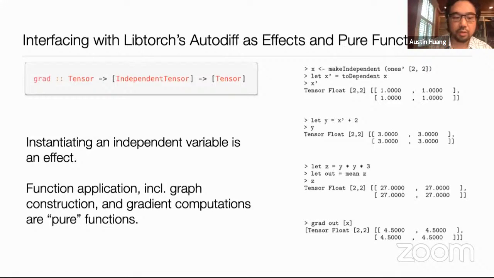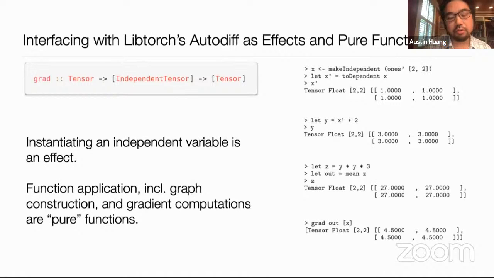So you can think of it this way: requesting a gradient by itself doesn't have any effects, right? But if you treat instantiating independent variables, the variables with respect to which you're taking the derivative, as effectful, then everything else you can treat as pure. So when you apply a function that's in libtorch, under the hood there's a compute graph being constructed.